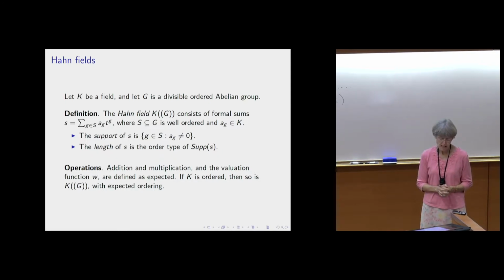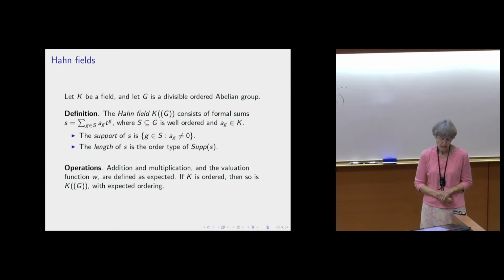So the coefficients come from K, but the group elements should form a well-ordered set, possibly not countable. Possibly it's an arbitrary ordinal, a length that we could find inside G.